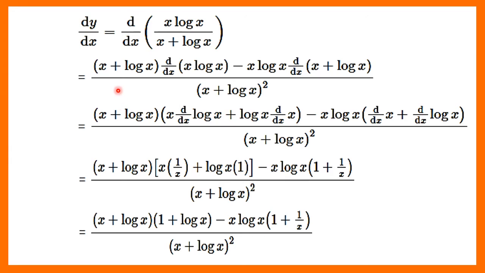That is, x plus log x into derivative of x log x, minus x log x into derivative of x plus log x, divided by x plus log x the whole square.